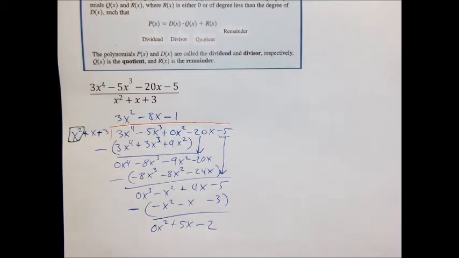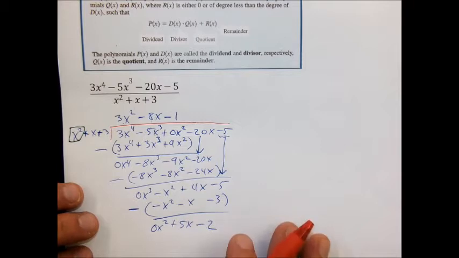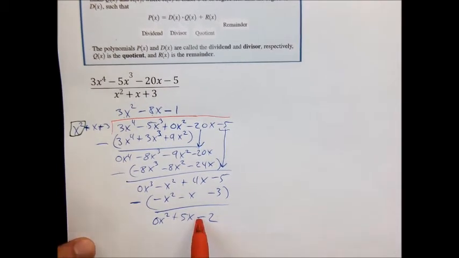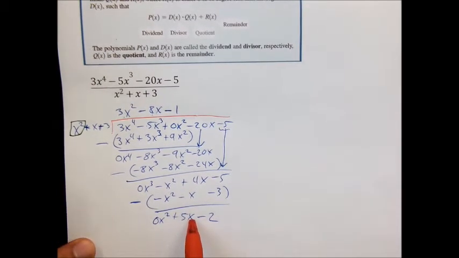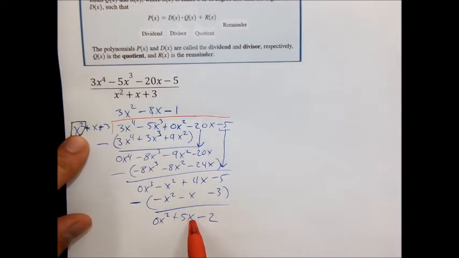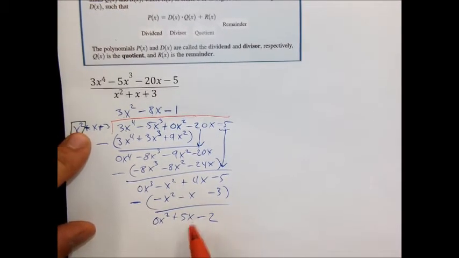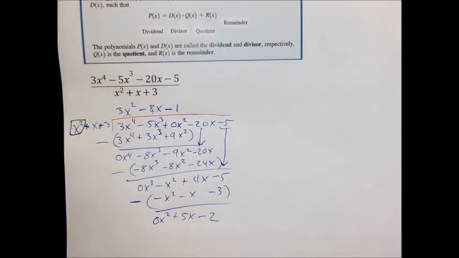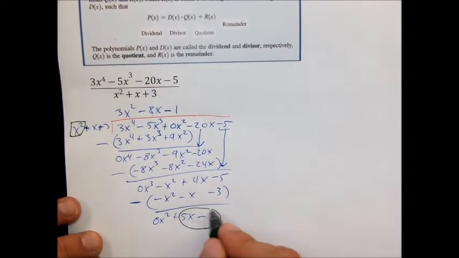And we know to stop, right? We know to stop because we look down here, and this has degree 1. 5x minus 2 has degree 1, and our divisor has degree 2. And so it's less than that, right? 1 is less than 2, and so we stop. I'm going to write that down. So we stop here.